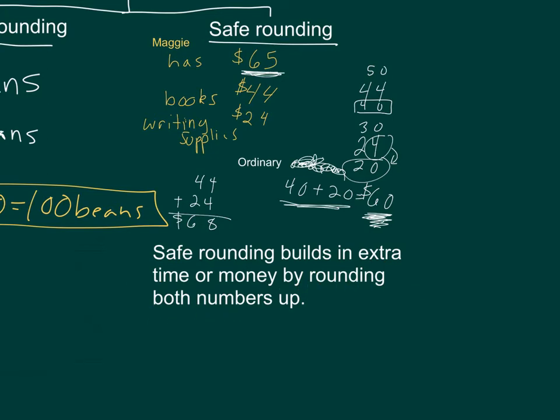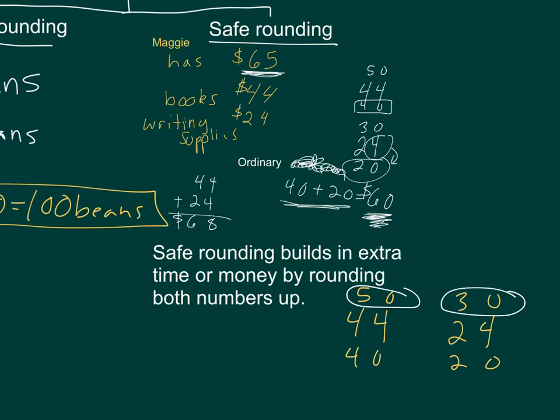So let's take 44 and 24 again. So here's my setup for rounding. Safe rounding assumes that I'm going to need more money. So I'm going to round both of the numbers up. So instead, now I have 50 plus 30 equals $80, which now shows me I probably don't have enough money.